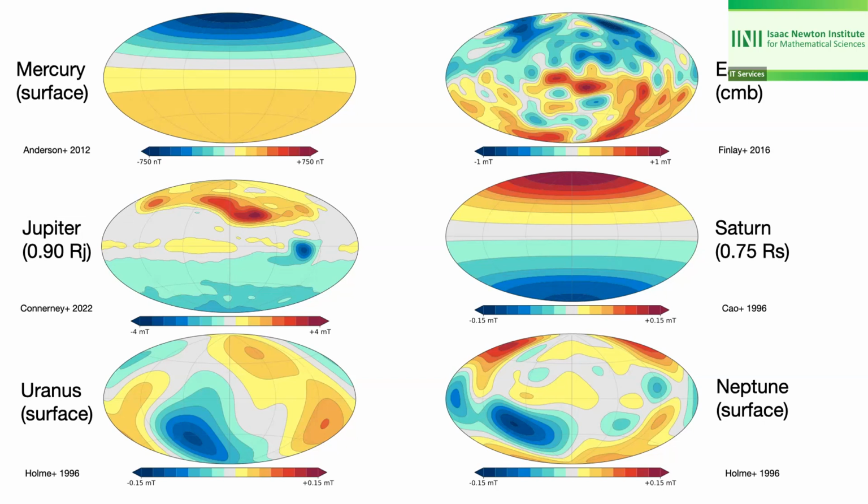Jupiter, here downward continued to about 90% of the planetary radius, where we believe the electrical conductivity is becoming larger. It's characterized by large regions in which the flux is actually very weak. We don't see that for the Earth. The Earth is fairly full on over the whole surface of the core mantle boundary.